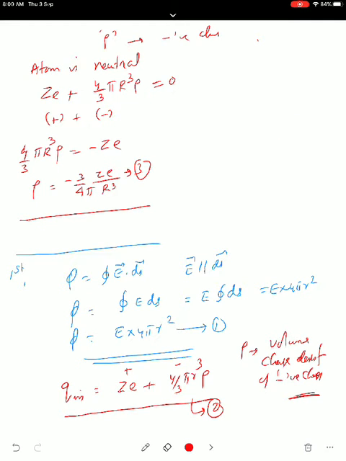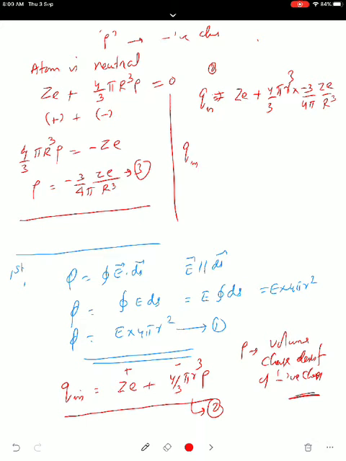Therefore Q inside, from equation number 2, is equal to Ze plus 4/3 pi small r cube into rho, where rho is given as minus 3 Ze divided by 4 pi capital R cube.